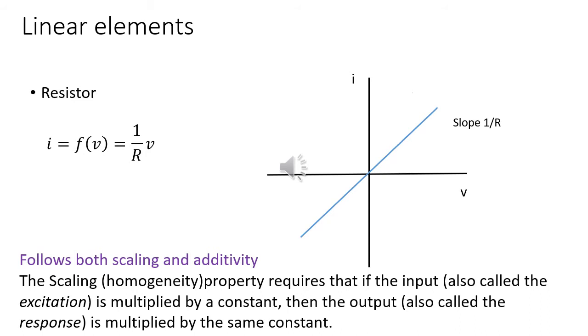In general, if I increase my voltage k times, the current will increase k times. So if the input is multiplied by a constant, then the output is also multiplied by the same constant. Then you can say the device has the scaling or homogeneity property. This is one of the conditions for an element to be linear.